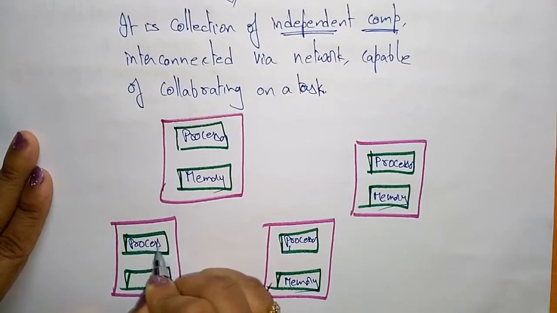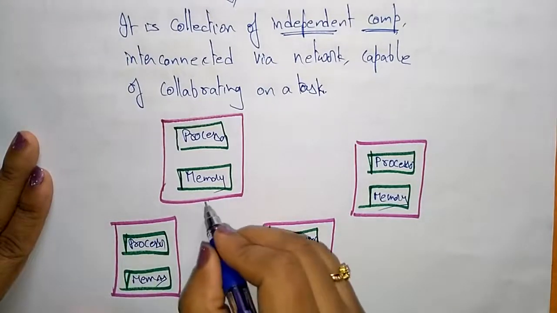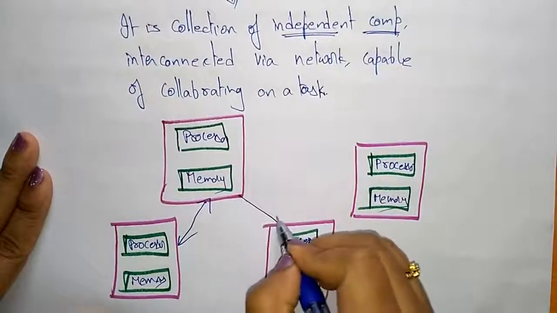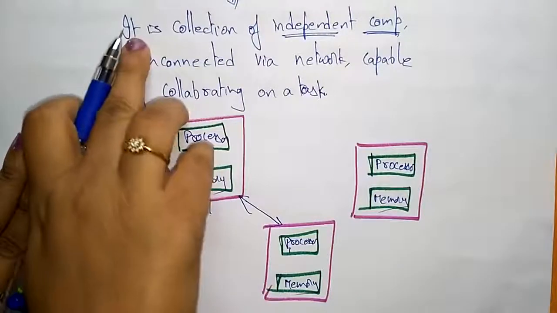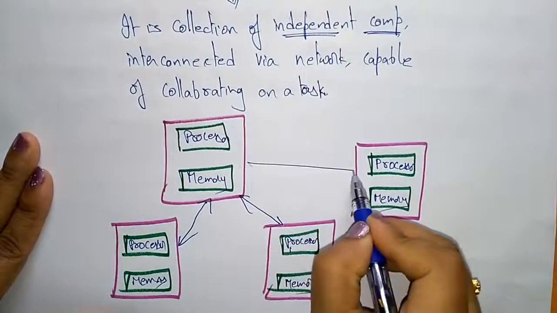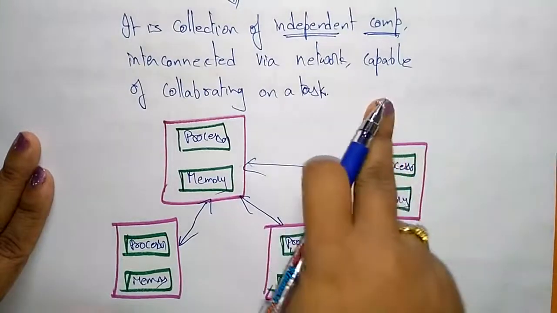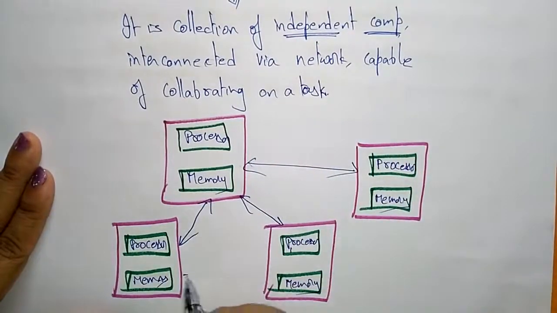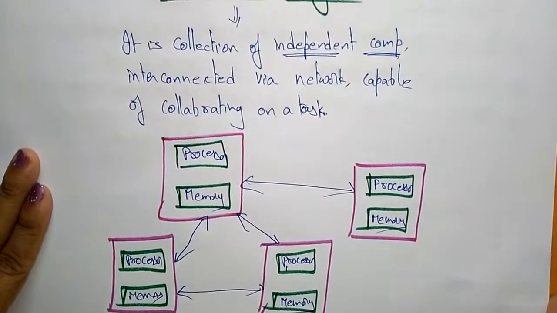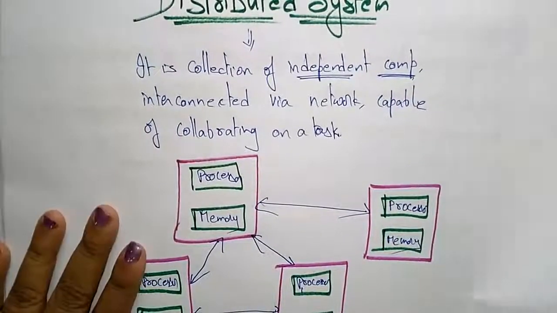This is also a processor and memory. Here one computer is connected to another computer, so these are interconnected computers. So it is a collection of independent computers interconnected via network and capable of collaborating on a task. This is the definition of a distributed system.